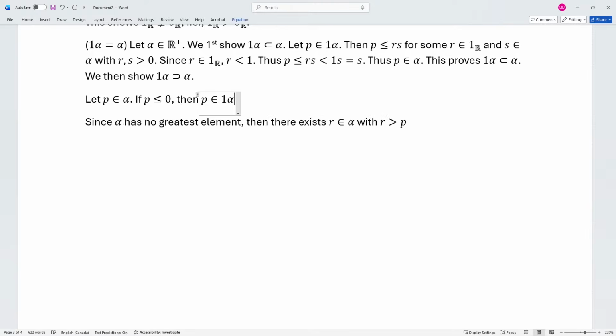Okay, so we assume P is greater than 0, and then continue.